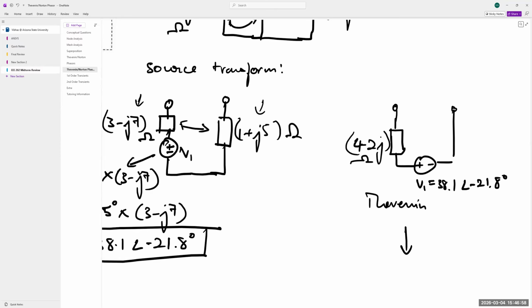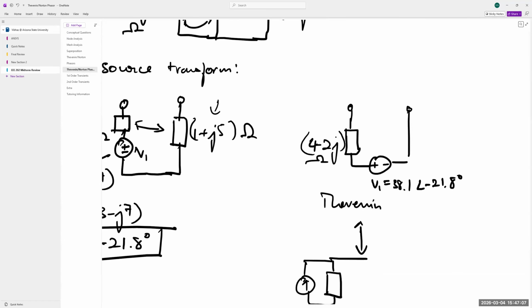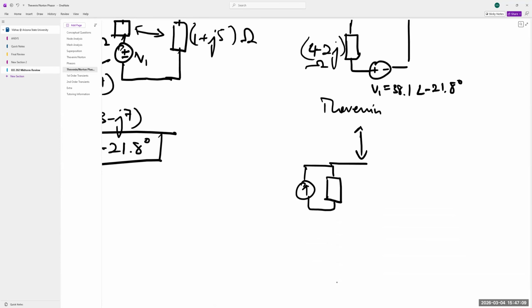They ask you to find the Norton equivalent. It's going to be the same thing. It's just that now the box is in parallel and the terminals are off to the side over here. So 4 minus 2J stays the same. That's the value of the impedance in the box.